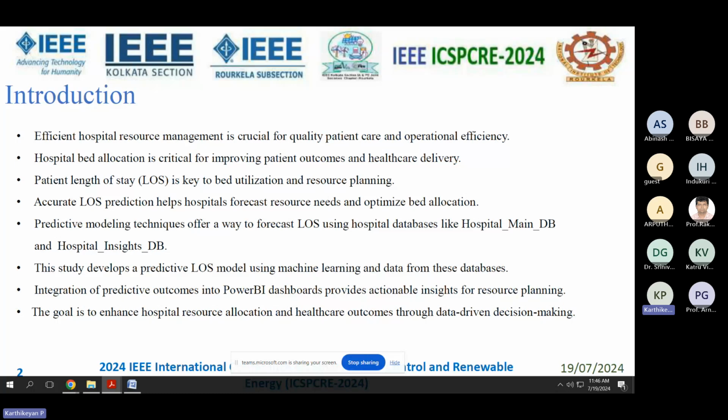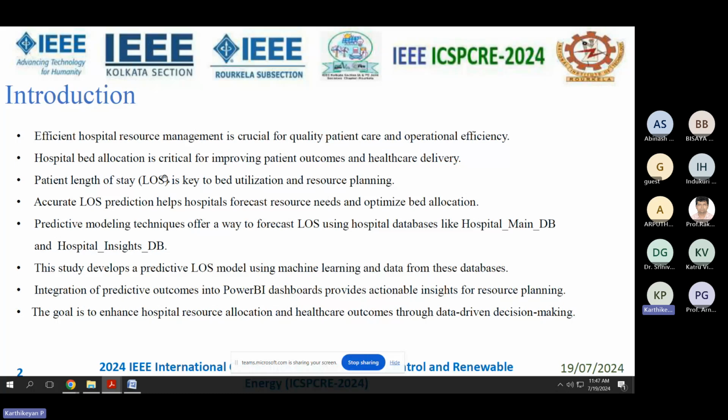Nowadays, efficient hospital resource management is one of the biggest challenges in every hospital. During COVID time, we faced this issue: some hospitals have more resources, some hospitals have less. So at that time we could not properly make data-driven decisions about how much each hospital needed.